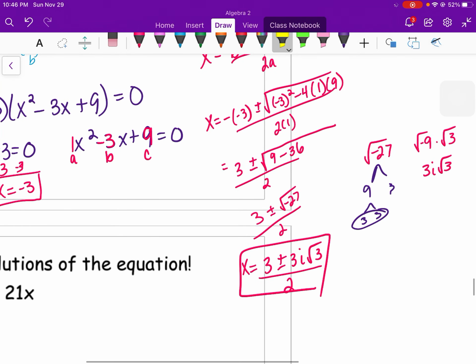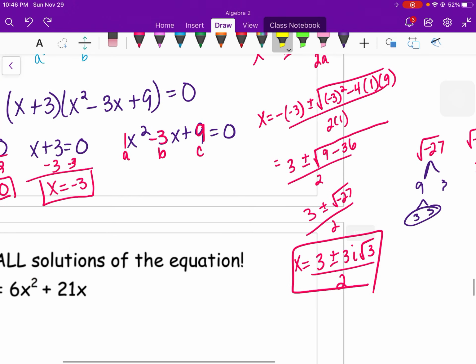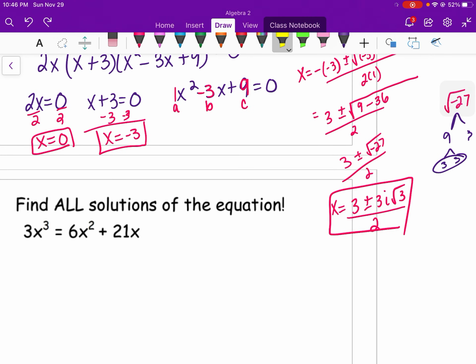This does not simplify more since 3, 3, and 2 are not divisible by anything that's the same. So we have 4 answers then. 0, negative 3, and then 3 plus 3i square roots of 3 over 2, and 3 minus 3i square roots of 3 over 2. So 2 real solutions there, and 2 imaginary solutions for that one.